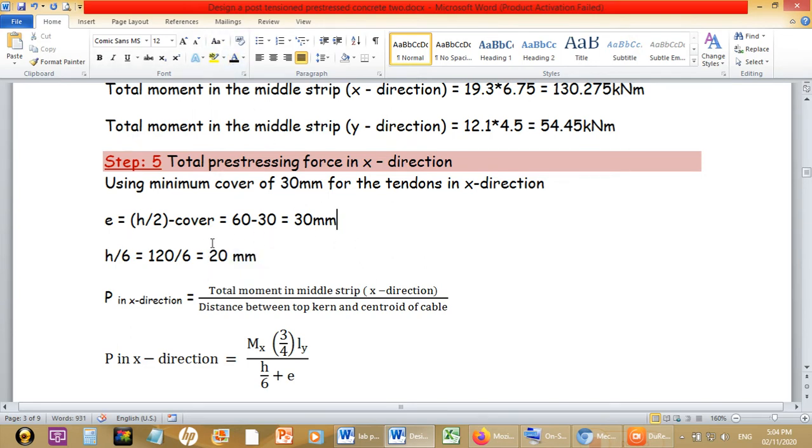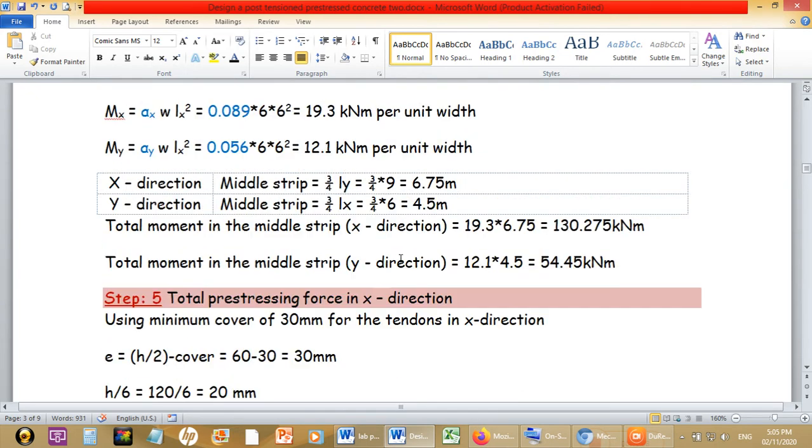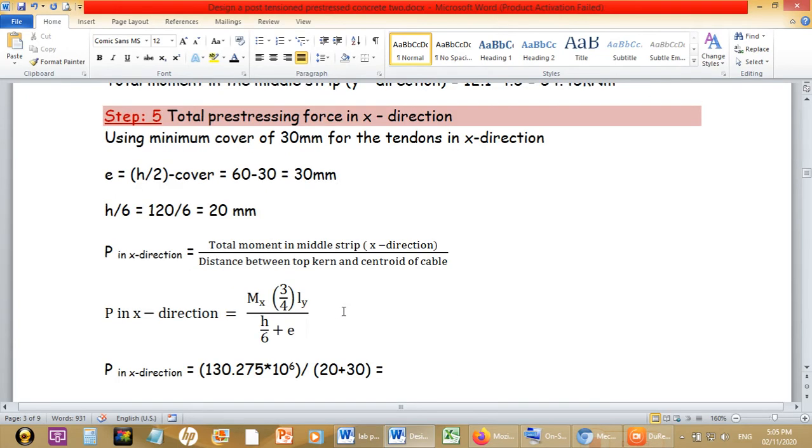Now we are going to use this value of eccentricity and h by 6 for the prestressing force calculation in x direction. The total moment in the middle strip we already calculated in step number 4. Here it is 130.275. So we put that value over here.